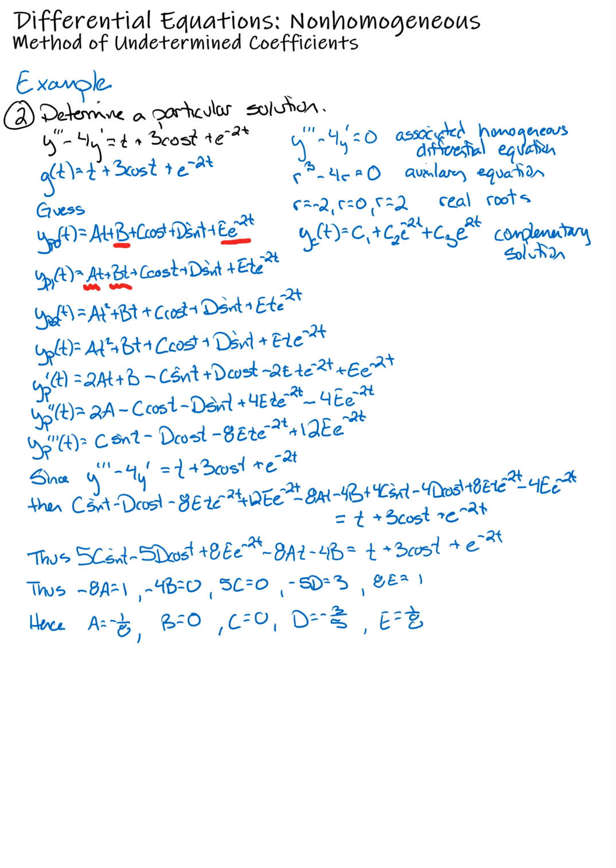There we go. We are ready to write our particular solution. So I'm going to go back to this version. Here it is. That's what my particular solution looks like. I just need to substitute a, b, c, d, and e.